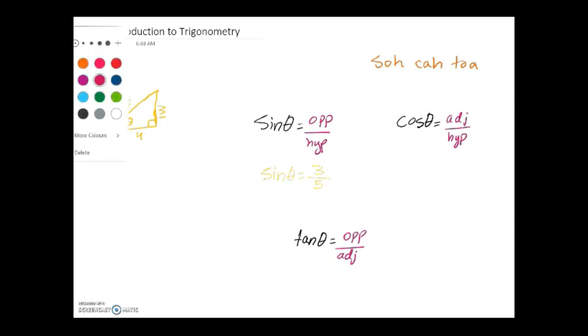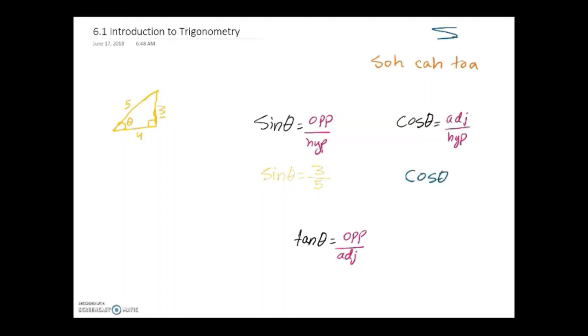And the cosine of theta equals adjacent over hypotenuse. Adjacent is 4 and the hypotenuse is 5, so cosine theta equals 4 over 5.